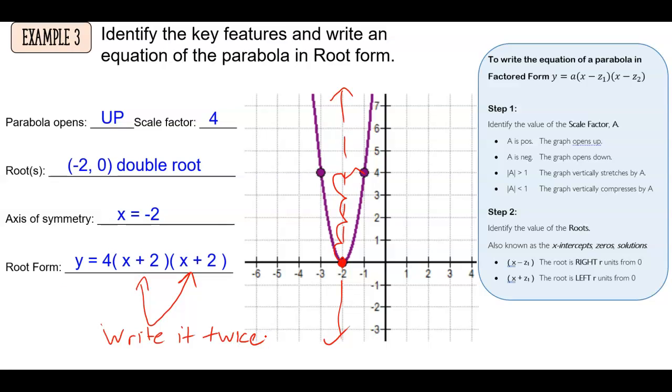So again, if you have 1 root, you're going to write it twice. When you get to this 4.2 assignment, number 2 has 1 root. So you can look at example 3 on how you do it when you have 1 root. You put the same root twice. I said it, I wrote it, you have it on your page, you see it, hopefully.